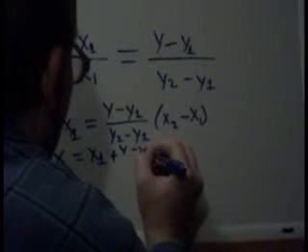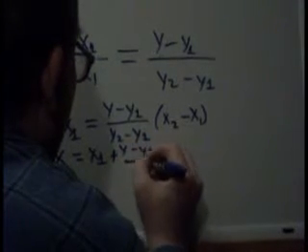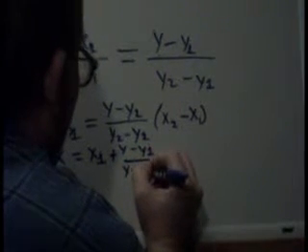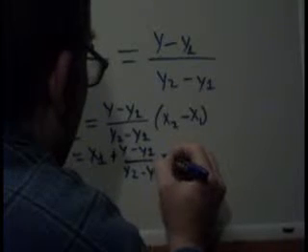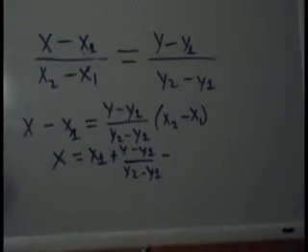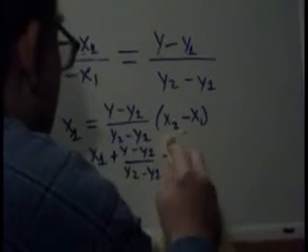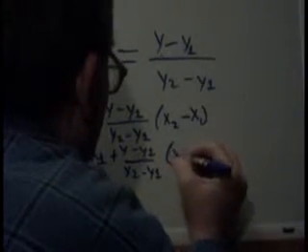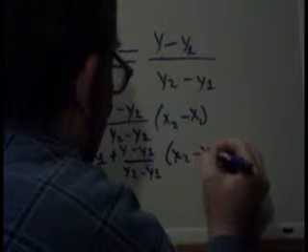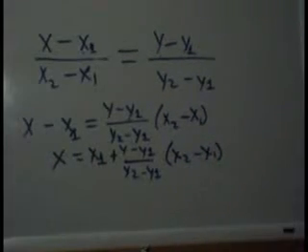This is y minus y1, y2 minus y1. And then you're going to, of course, multiply that one. And that's what you're going to have.